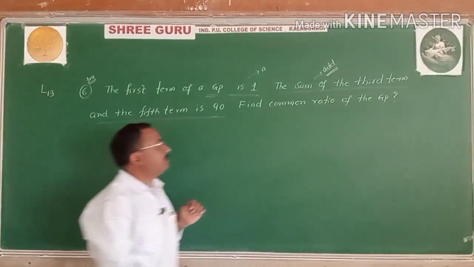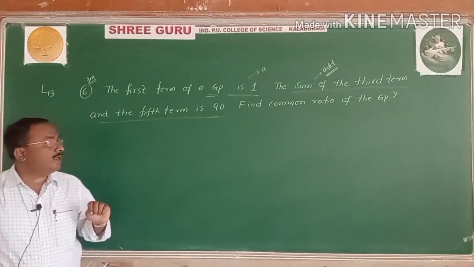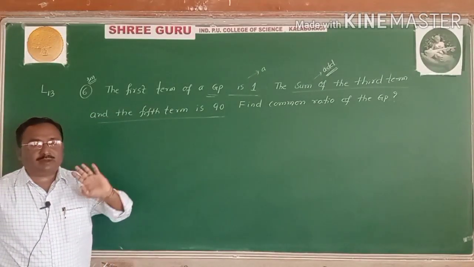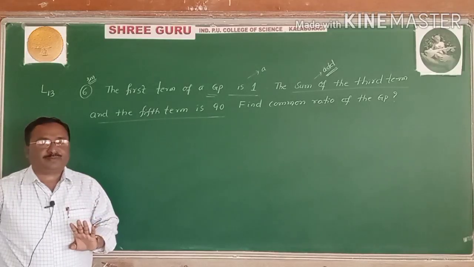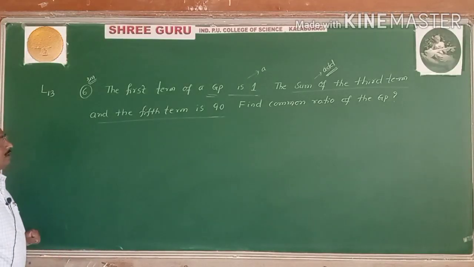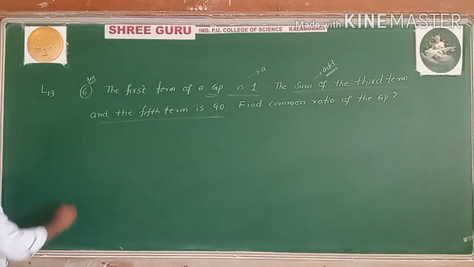Sum meaning add: the sum of the third term and fifth term, T3 and T5, is equal to 90. Clear? The sum of the third term and fifth term is 90.